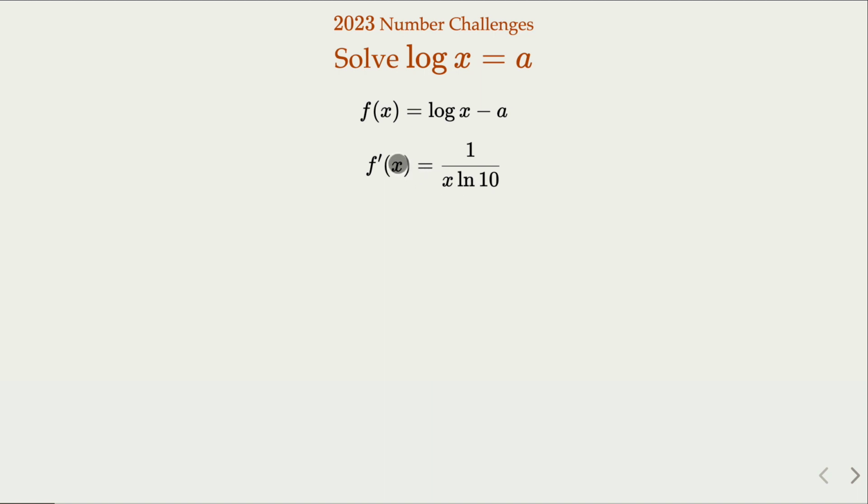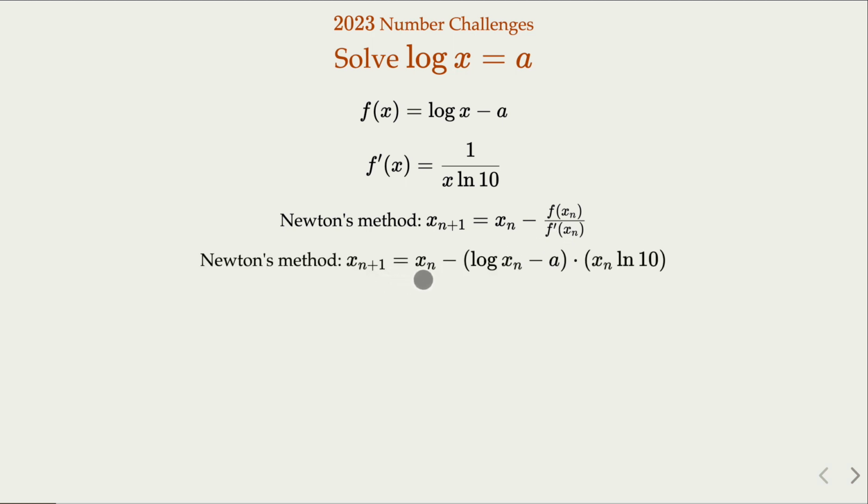Plug into the iterative formula for Newton's method. This would be the nth iteration, and this would be the update for the next iteration. Plug in the values for f and f prime, the derivative, and we get this formula.